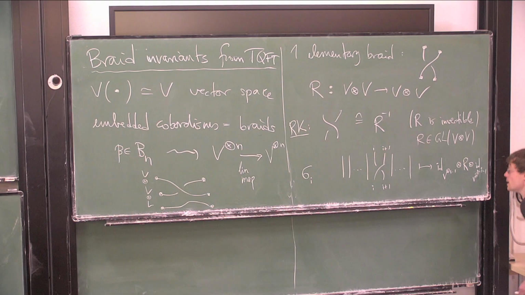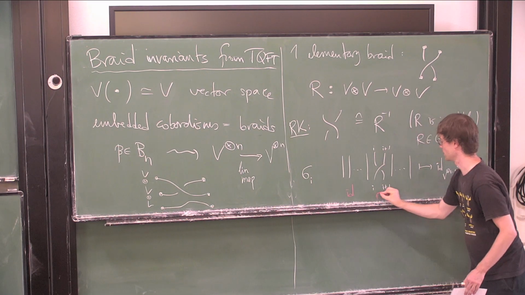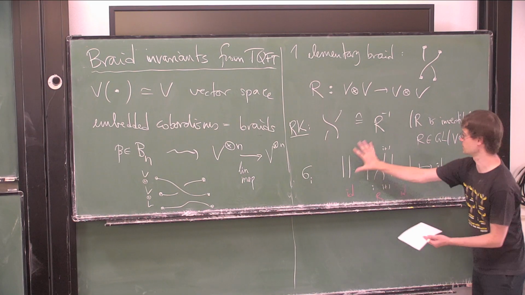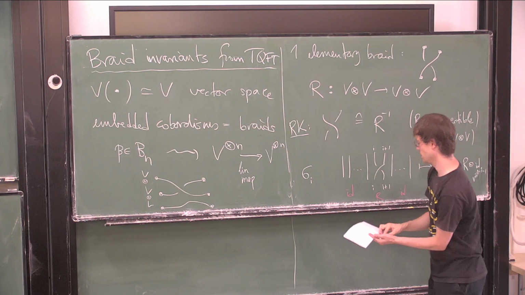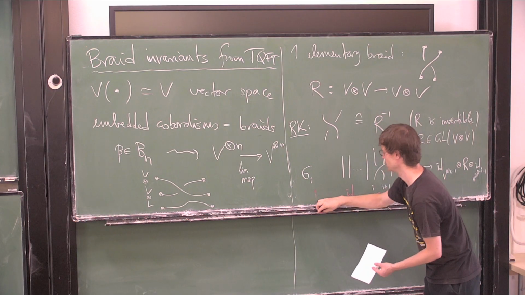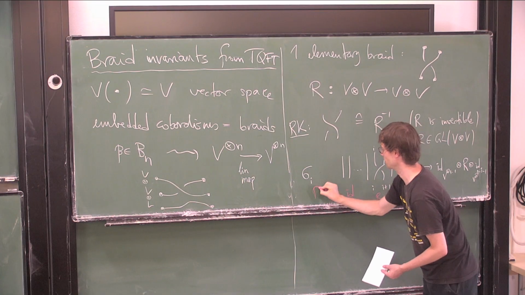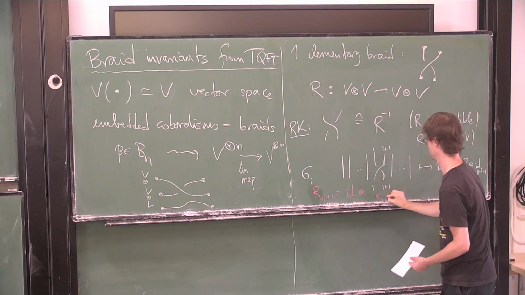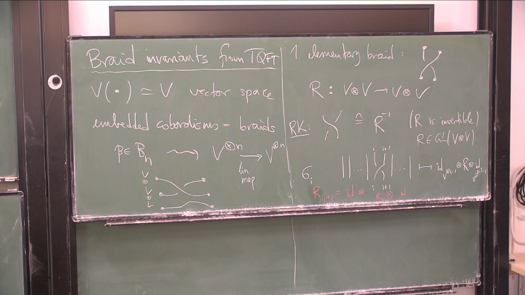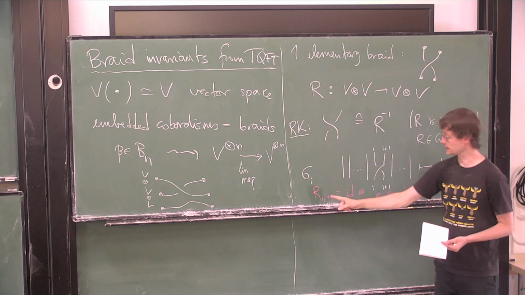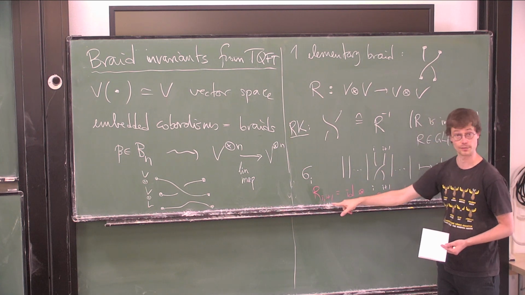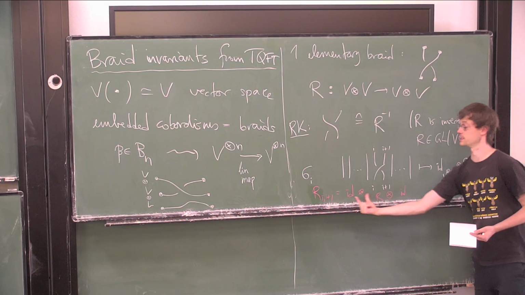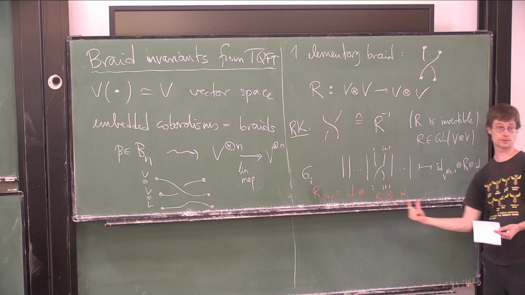You understand? You have identity here, R here, identity. This object I will call R index i, i plus 1. To be precise, the TQFT gives you all these R index i, i plus 1. But somehow the true content is just this one matrix R. It just depends where you put it in the space.